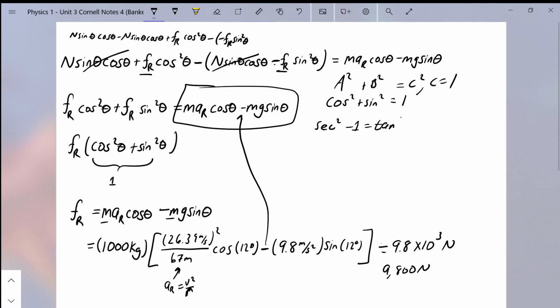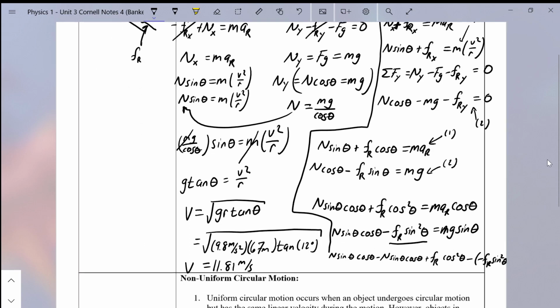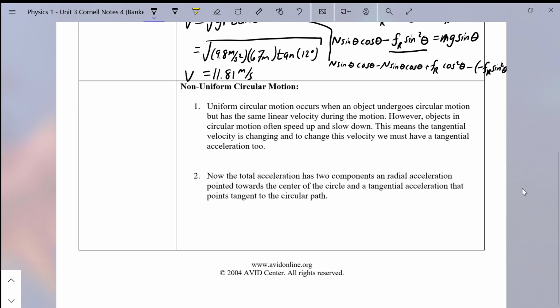However, there is one more topic to briefly cover. That is our non-uniform circular motion. So uniform circular motion, if you remember, happens when an object has the same linear velocity magnitude but different directions. That is, the magnitude of v is constant. And we said some stuff about that also causing r to be constant and omega to be constant.